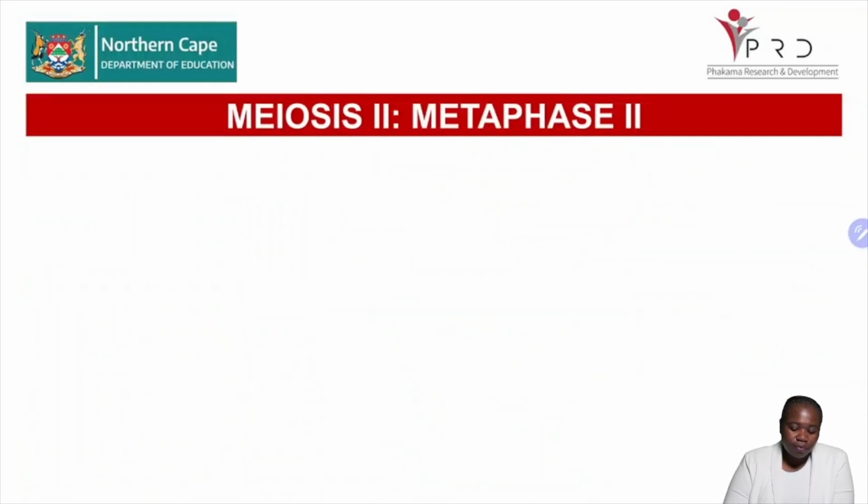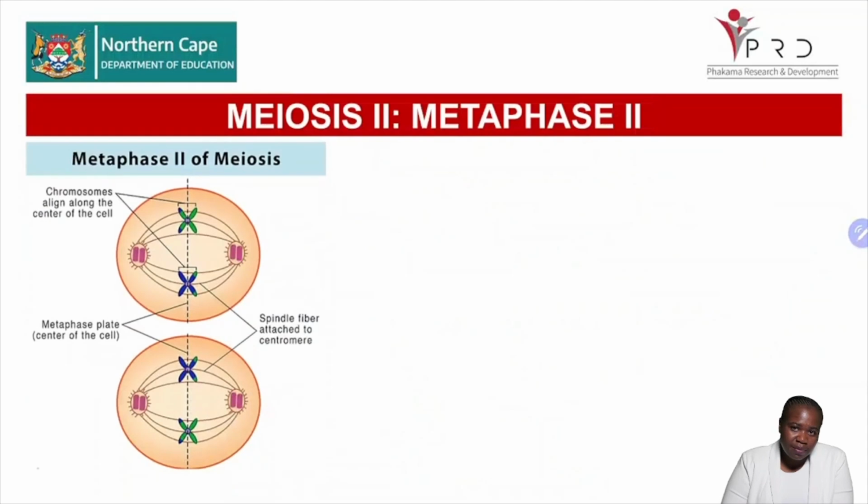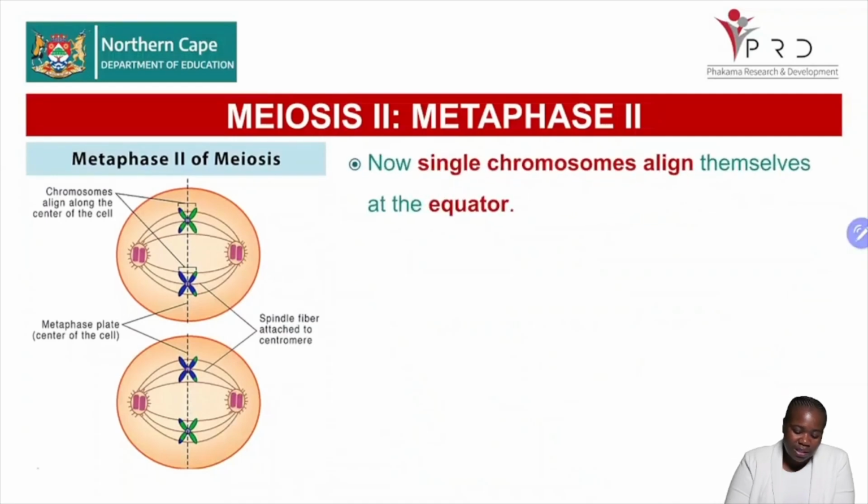Okay. Metaphase 2, same as metaphase 1. Chromosomes are going to align randomly at the equator. The only difference here is that these chromosomes will be lining up at the equator singly. As you can see, initially in metaphase 1, we looked at the chromosomes aligning at the equator in homologous pairs.